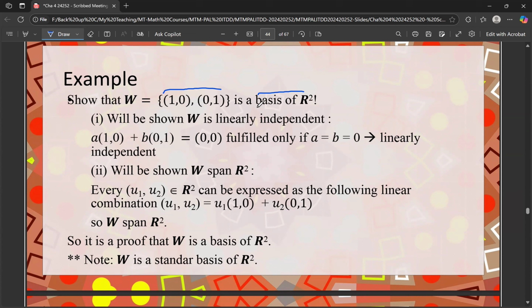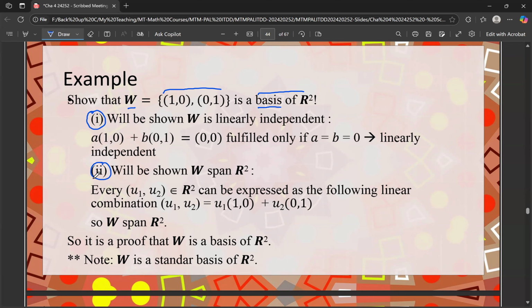We claim that this set W is a basis of R2. To prove our claim, we must do two things. We must show that W is linearly independent.